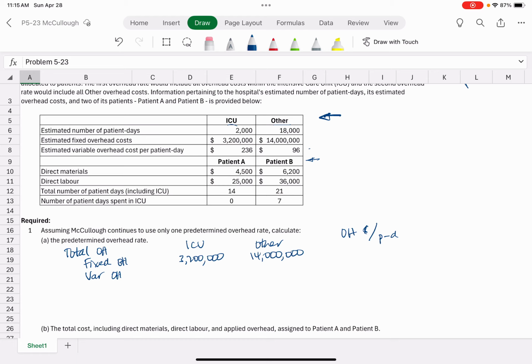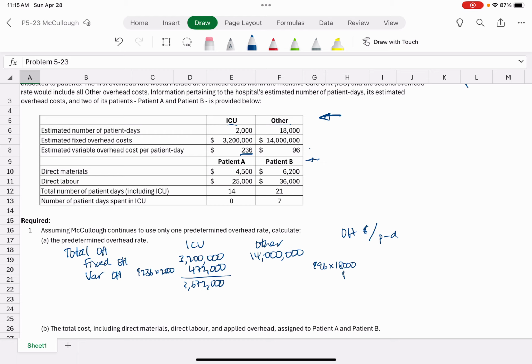So for the ICU, it's the rate of $236 times 2,000 patient days. That works out to $472,000. So our total overhead costs in the ICU, $3,672,000.